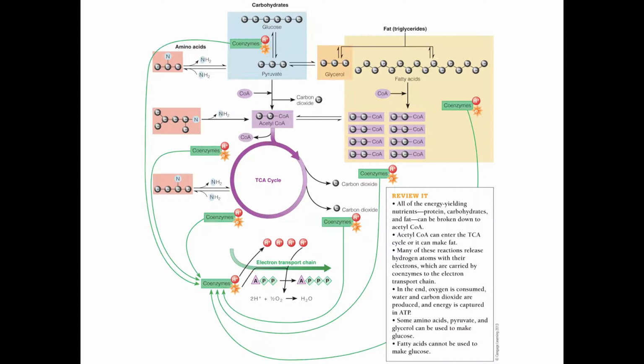So this is everything we talked about. Okay, this is a summary of everything. And this is the one that I need you to focus on. Like I said, right up here, this is glycolysis. So glucose gets converted to pyruvate. Then it goes into the TCA cycle, and all the hydrogens and electrons go to the electron transport chain.